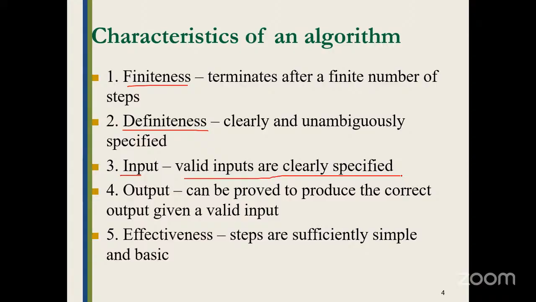For example, a number is the input for some algorithms, in the case of finding the sum of two numbers. Otherwise, if you want to work with string values, input must be a string. For example, enter your name. If any program prompts the user to enter a name, the input is a string. That's why in designing the algorithm, you must specify what the type of the input is and how many inputs your algorithm is going to receive. You must specify that clearly.